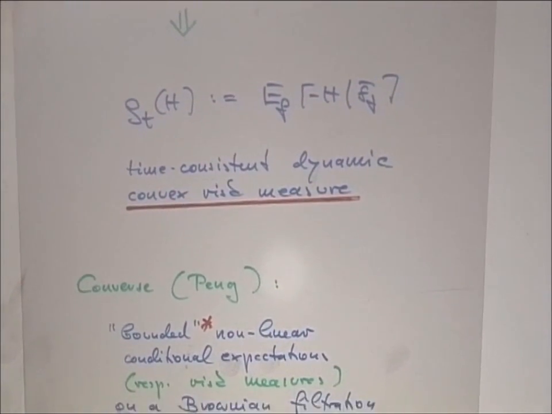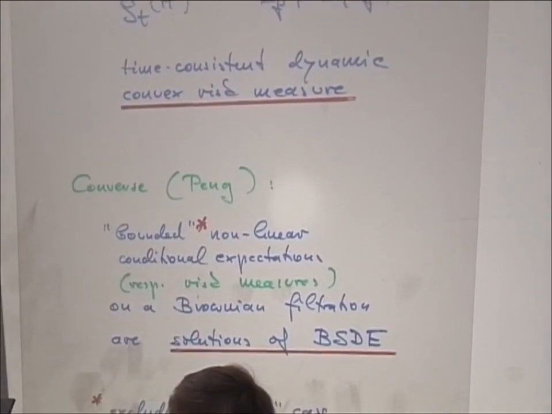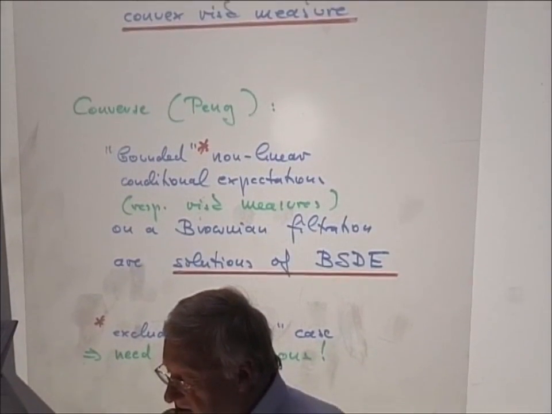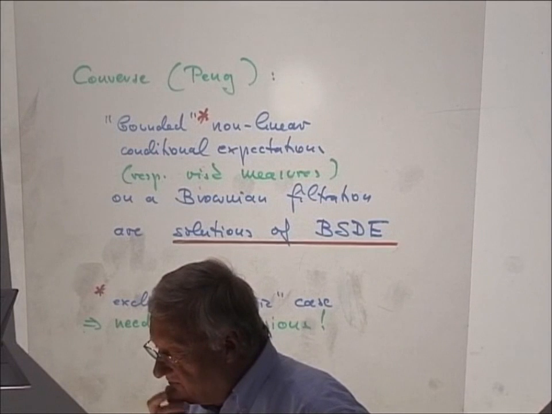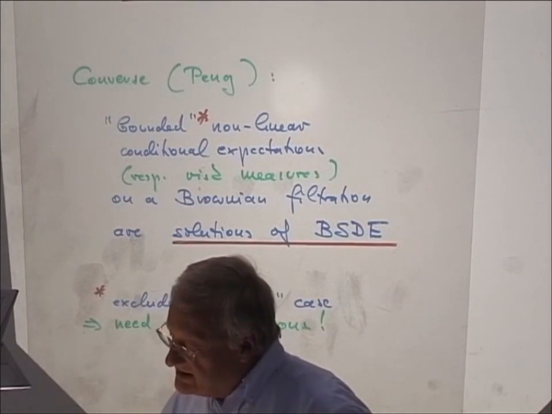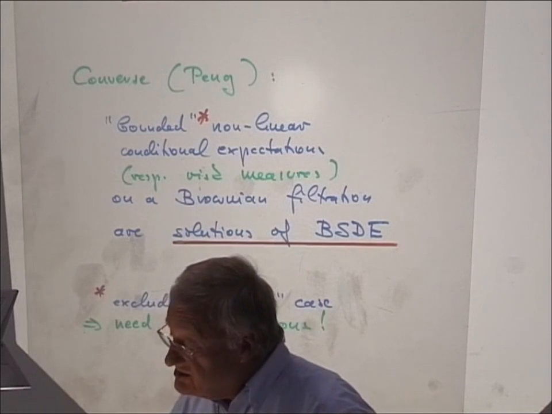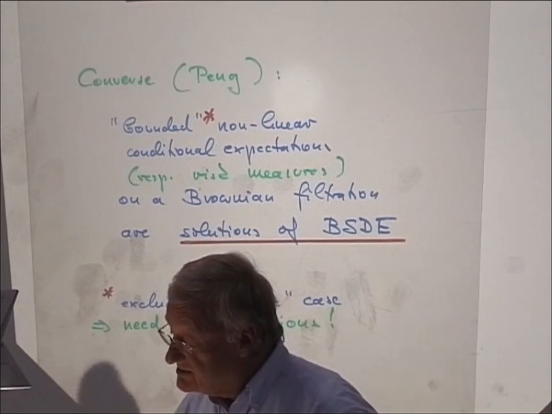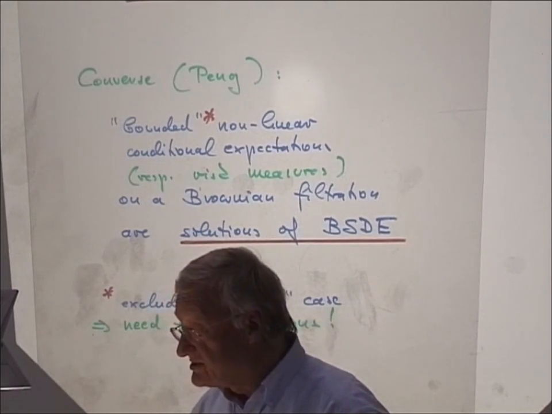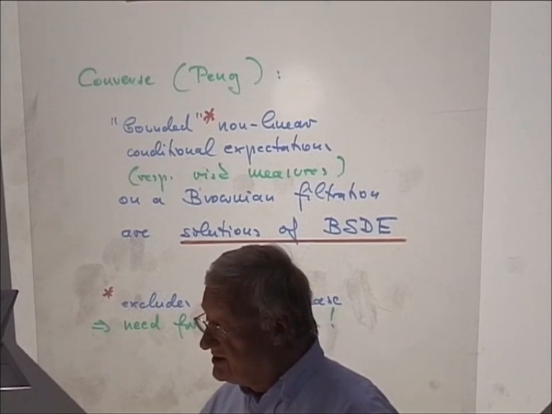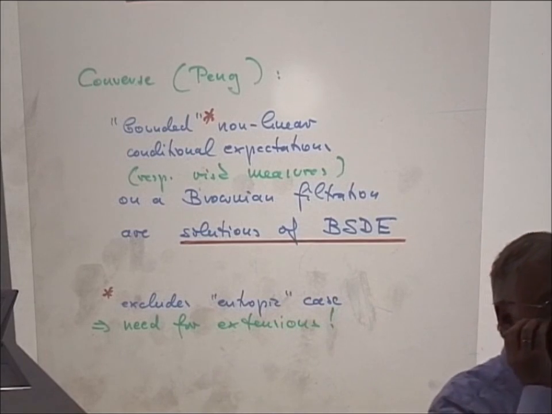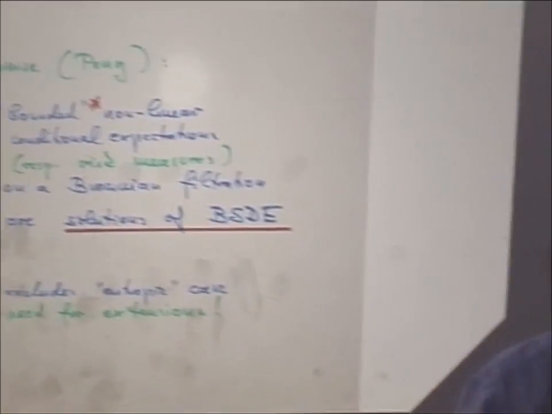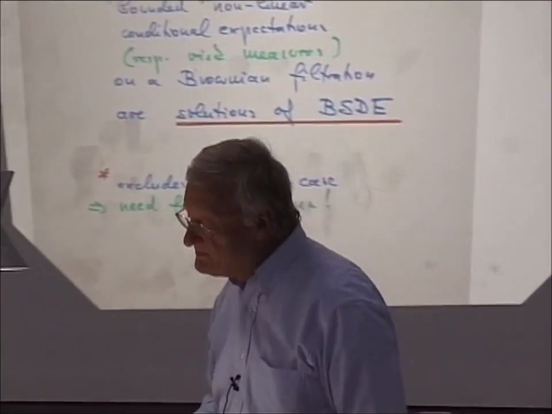Now, the converse. A paper of Peng, which is going to appear probably in Probability Theory and Related Fields, says that under certain boundedness assumptions, such nonlinear conditional expectations, respectively risk measures, on a Brownian filtration must be solutions of some backward stochastic differential equation, thereby being related to some nonlinear PDE.